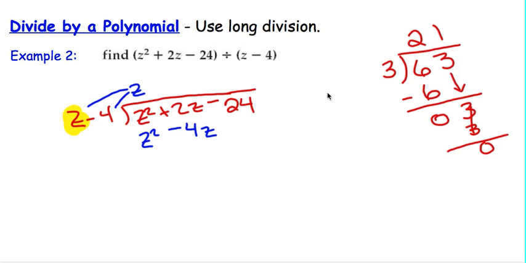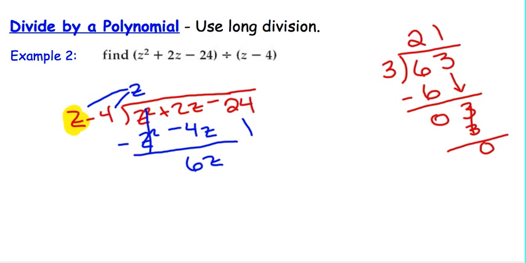Again, just like over here, I'm going to subtract. So this is going to be minus. Draw my line. Z squared minus z squared cancels. I have 2z minus negative 4z. So that really becomes 2 plus 4, which is 6z.